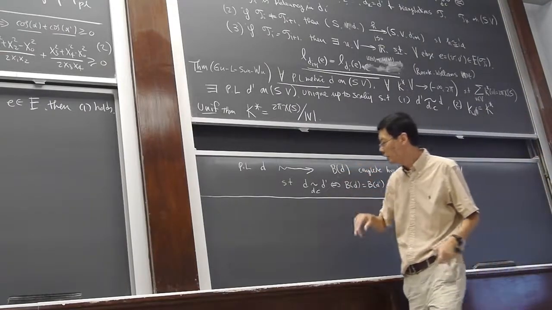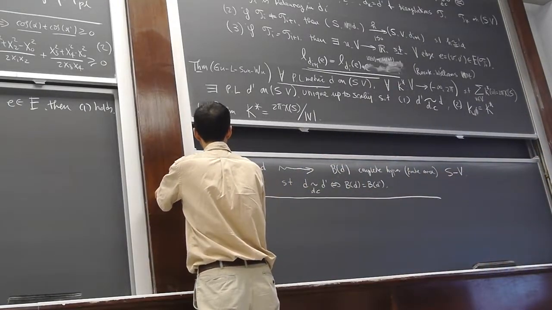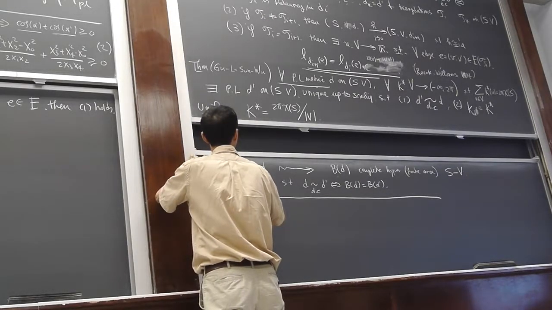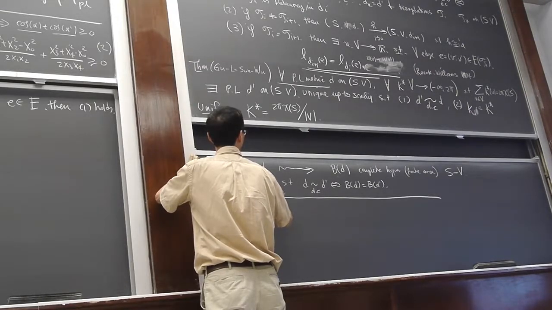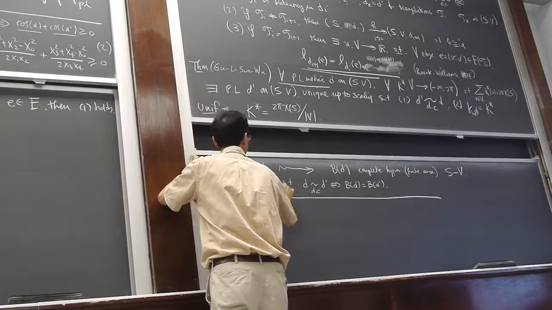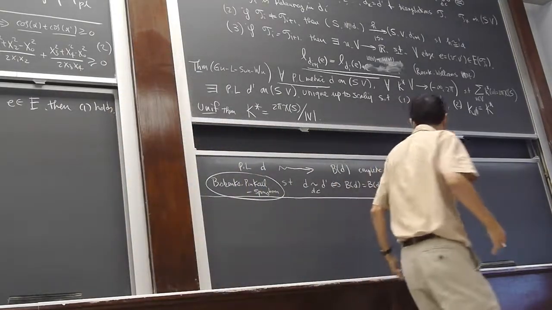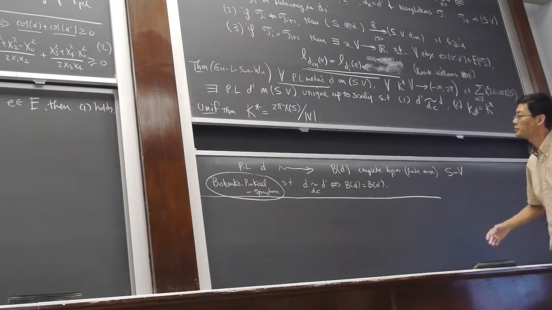And this, by the way, was first observed by Bobenko, Pinkall, and Springborn. So they observed that this discreteness is related to the decorated Teichmüller space.